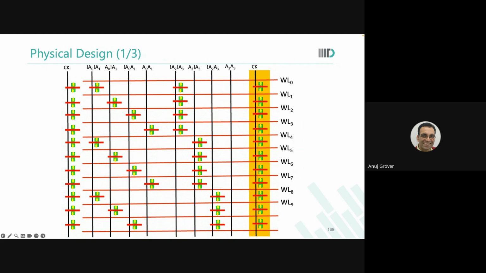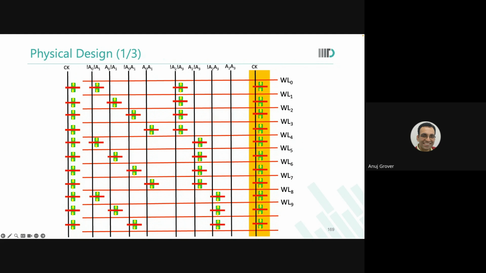I said the topmost is A2 bar, A3 bar. That is the same thing that is going to four devices, four adjacent rows. Then A2 bar, A2, A3 bar is going to the next four, and so on. So what you could do is just place the devices where you want the programmation.